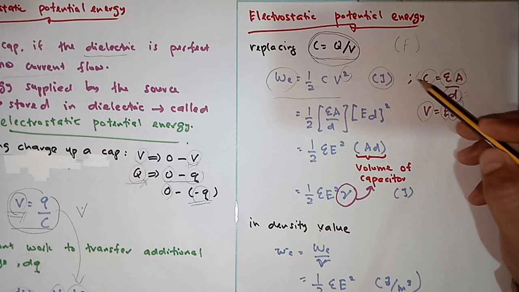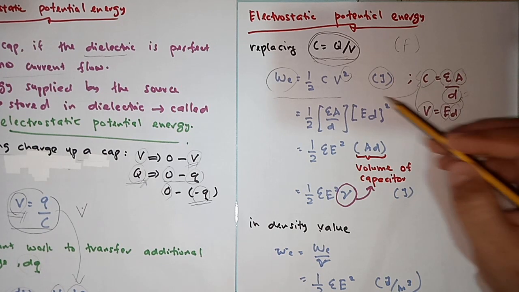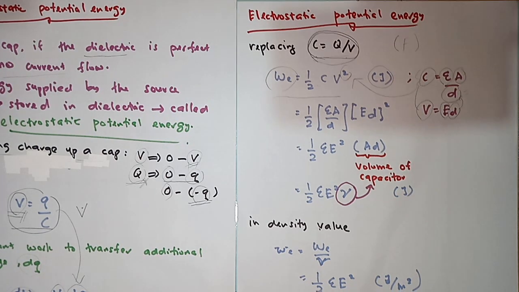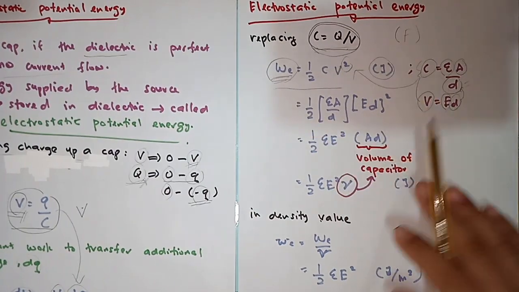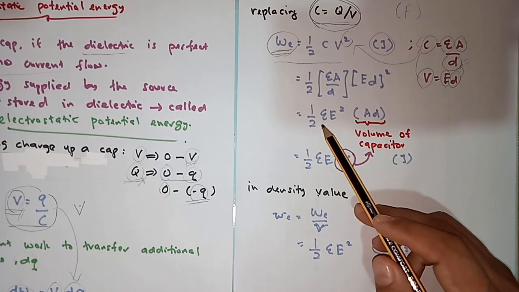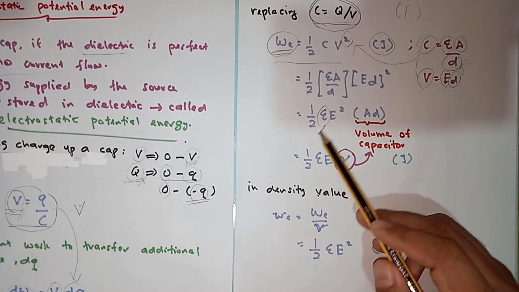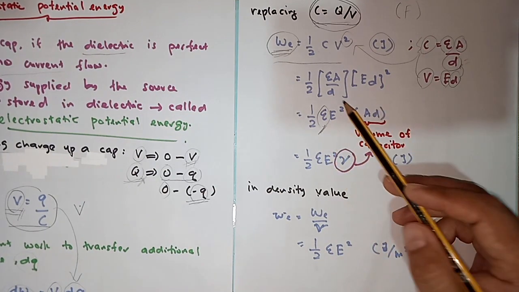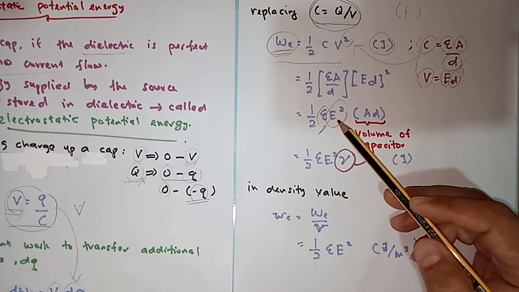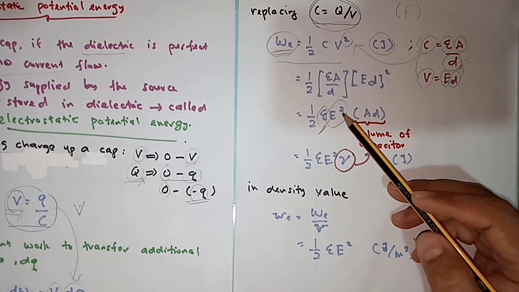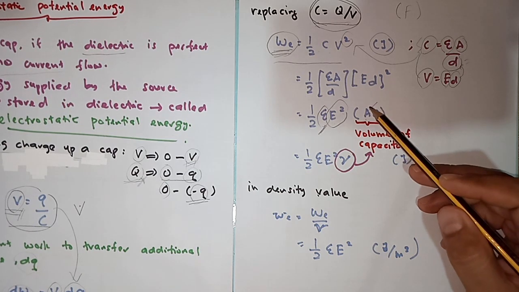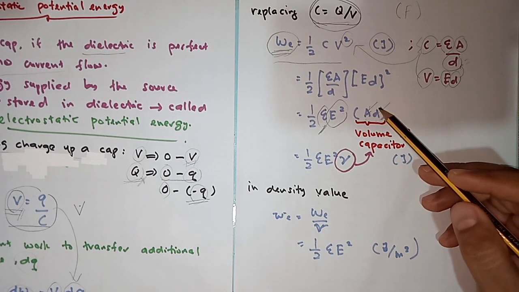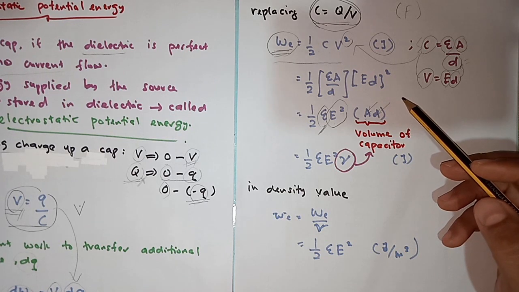By replacing these two expressions into the equation, we will have the energy, or the work needed, equal to half epsilon, the dielectric permittivity, multiplied by the magnitude of the electric field squared, multiplied by A and D. A is the area of the conductor and D is the thickness of the dielectric.